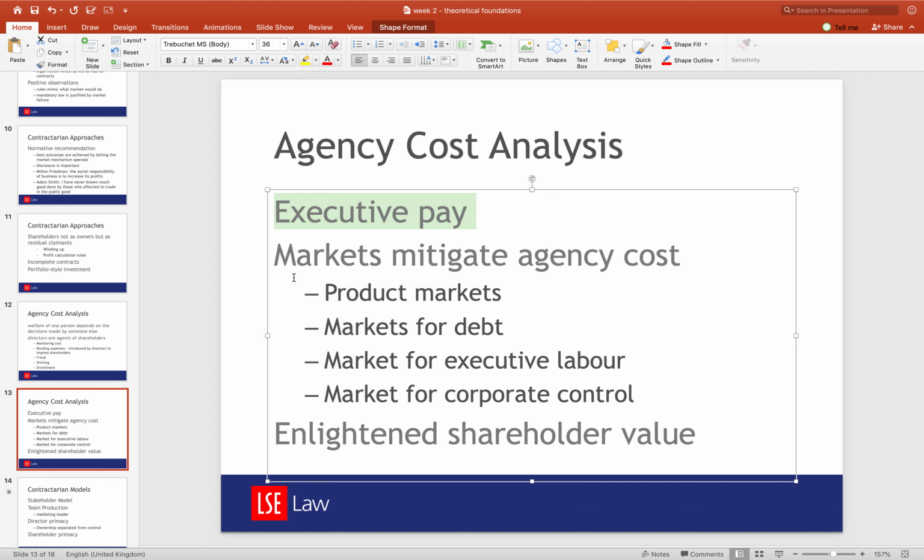The next one, then, is the observation that the market mitigates agency costs. So product markets, consumers keep directors under control, exercise pressure on directors, lenders exercise pressure on directors, and directors are also subject to a market for executive labor, meaning they're hoping to impress that market.